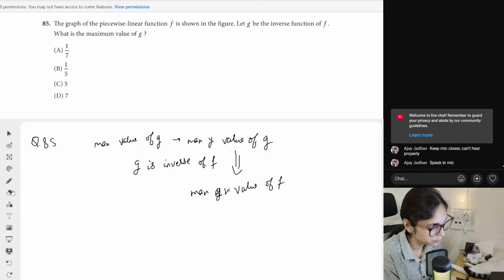Sorry, my bad. Because if the point is x comma y in f, it will become y comma x in G. So we're looking for the maximum x coordinate.